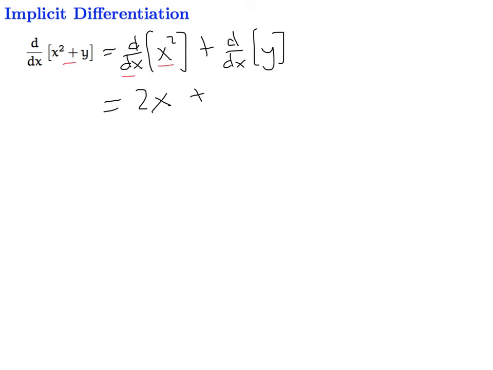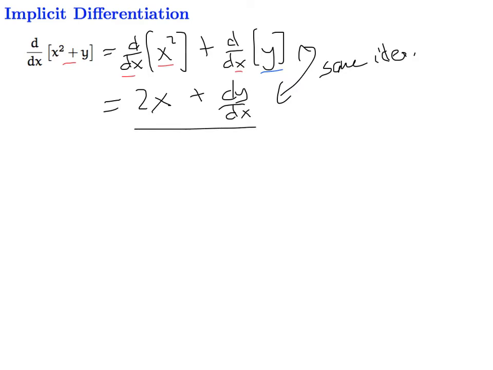In the last case, since the variables disagree, we can't use our theorem here. Instead, this is just going to become the derivative of y with respect to x, because these things mean the exact same thing. It's the same idea. We're going to take the derivative, but we don't know what the function is. And then this will just be our answer.